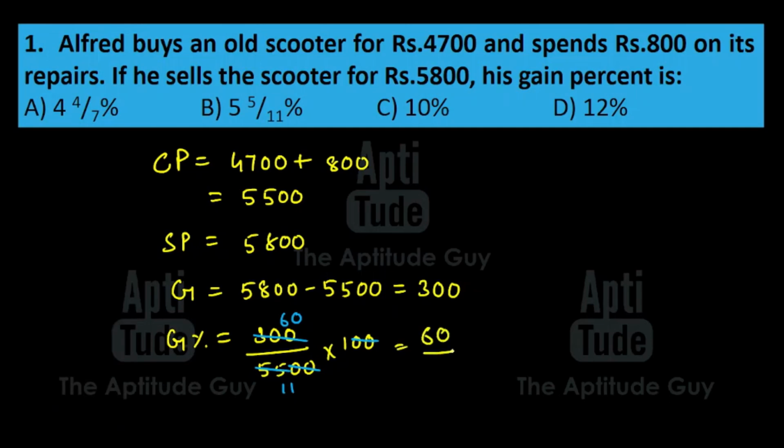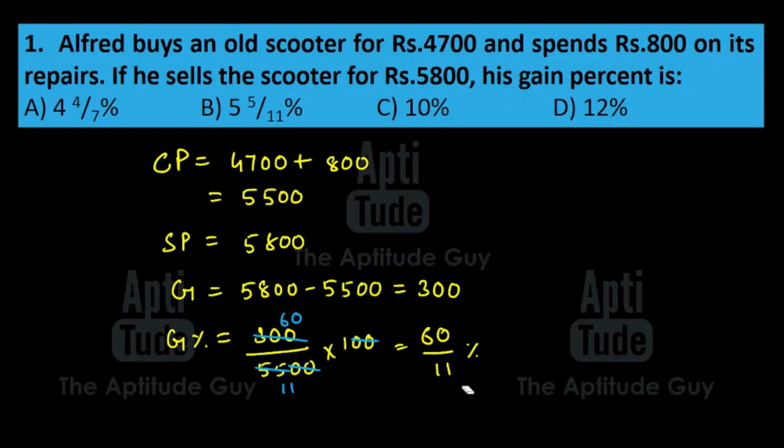That should be the answer, but the answers are already in either natural numbers or mixed fractions. Let's convert it into mixed fractions. Now you don't really need to convert it because you know that the denominator is 11 and the denominator of the answer is also 11. And there is only one such option, so obviously the answer is option B.